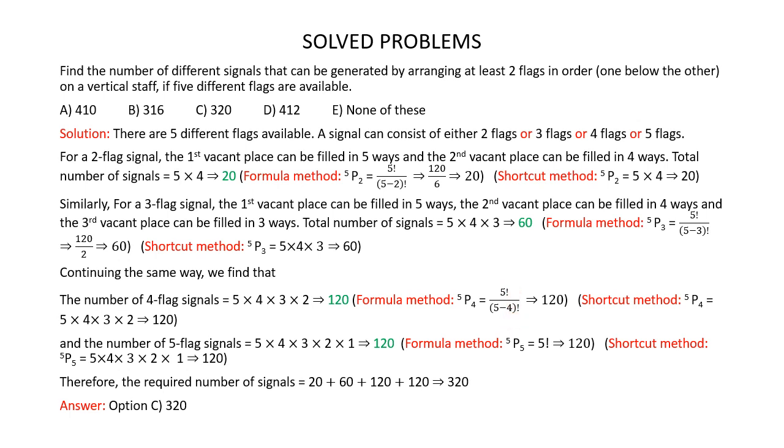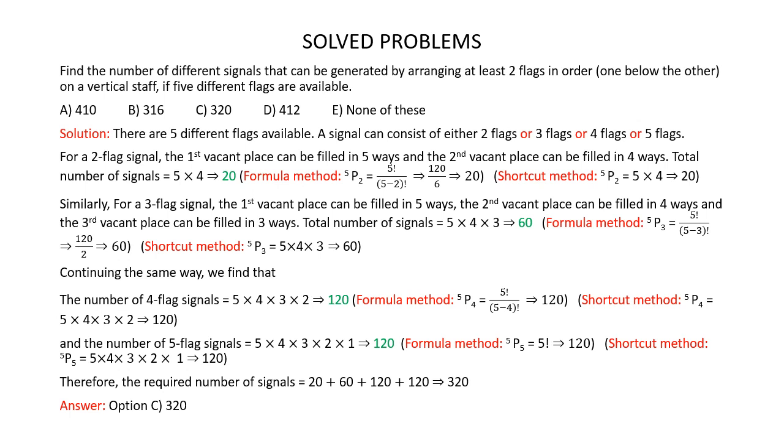So we are left with 5 factorial, which is 120. Now using the shortcut method, 5p4 is equal to 5 multiplied by 4 multiplied by 3 multiplied by 2, which is 120. So 120 four flag signals can be generated.